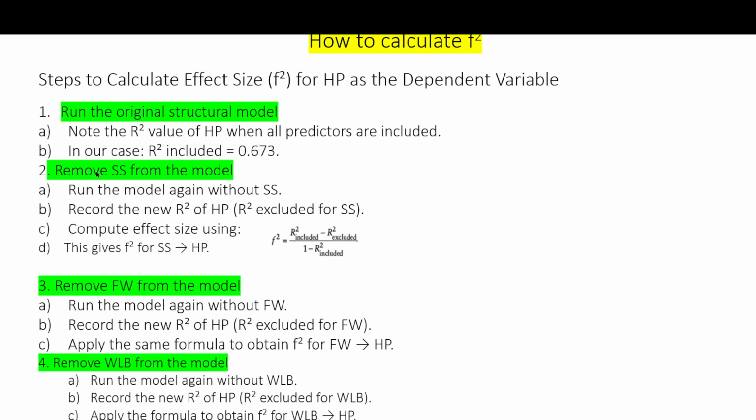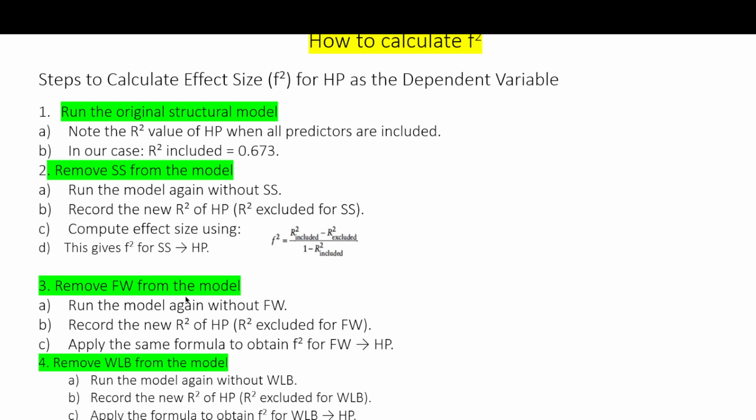Now, in order to compute the F square of the first construct, SS, we have to remove SS from the model, run the model again without SS, and record the new R square value of HP. It means R square excluded for SS. Compute the effect size by using this formula. So this gives the F square for SS.